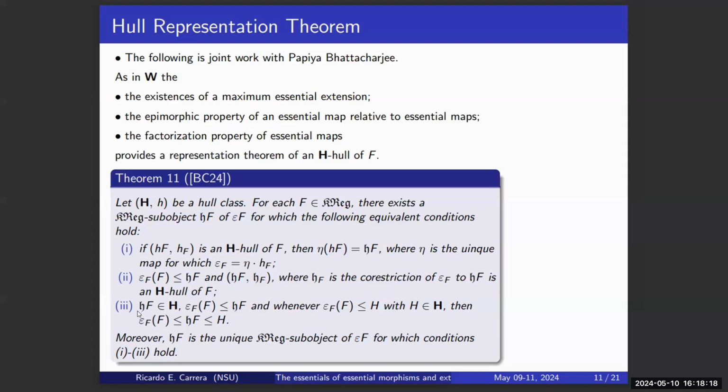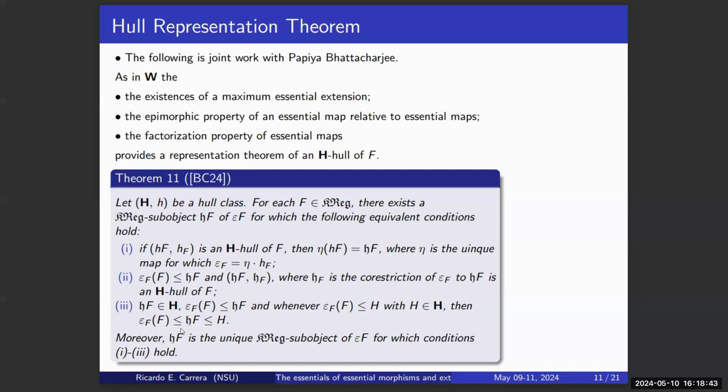The third condition is that this object in EF belongs to the Hall class. It contains the base object. And whenever you have another kReg subobject of EF that happens to belong to the Hall class, then in fact it must contain this one as an intermediate, okay?